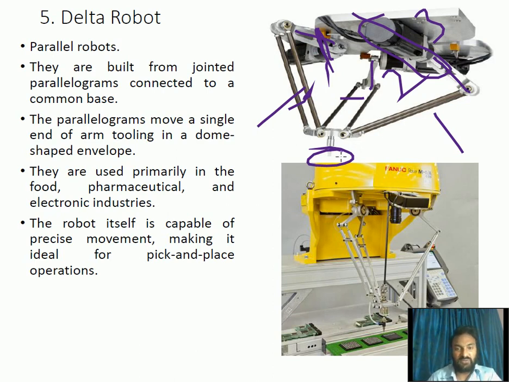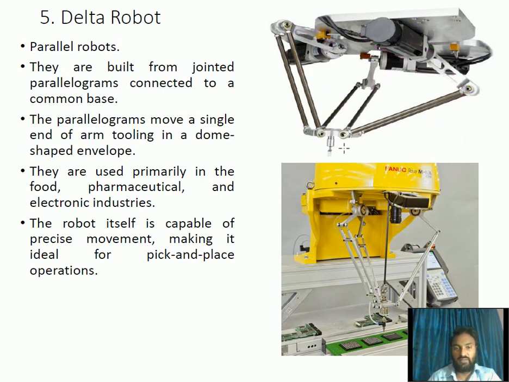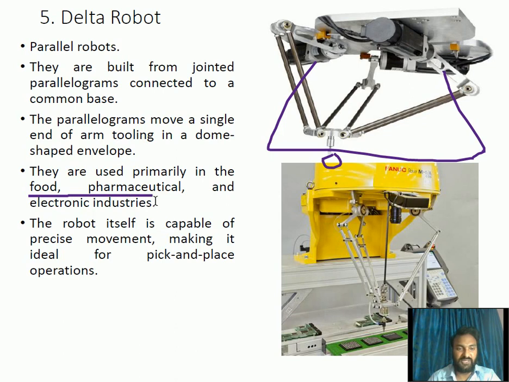So that's why the position of this end effector can vary anywhere in this conical type of work volume or work envelope. This one is particularly useful for the food, pharmaceutical and electronic industries.